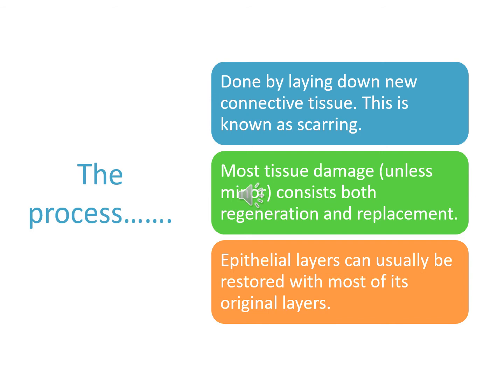I'll cover the process in a bit more detail later, but just quickly, the main process here is that new connective tissue is laid down, and that's known as scarring. Sometimes we can see our scars. If we've cut ourselves and it's deep enough, we might get some scar tissue left there, or if you've had a surgery and they've had to stitch you up afterwards, there could be a scar left there as well.